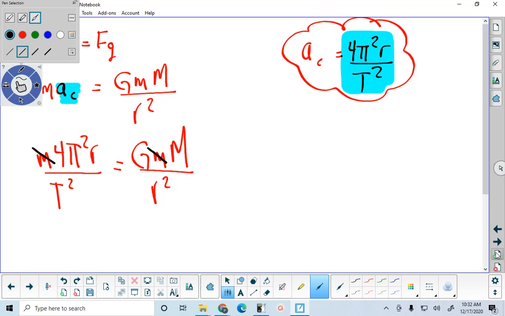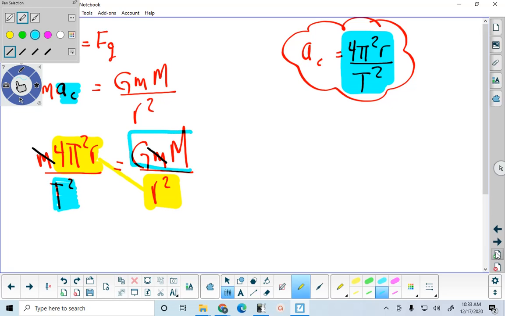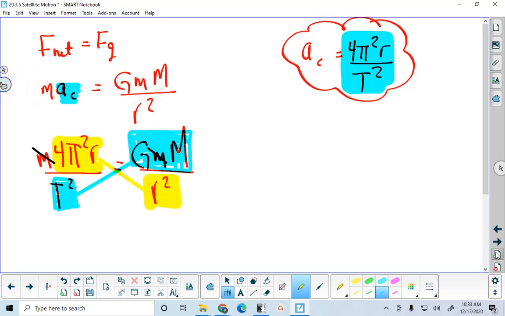I take 4 pi squared r and multiply it by r squared. And I take T squared and multiply it by G M m and set them equal to each other.